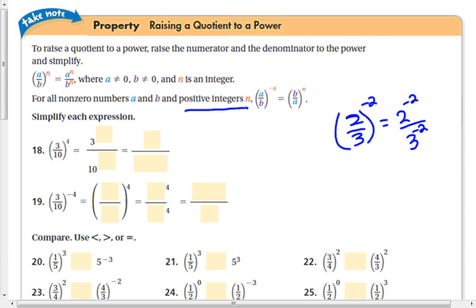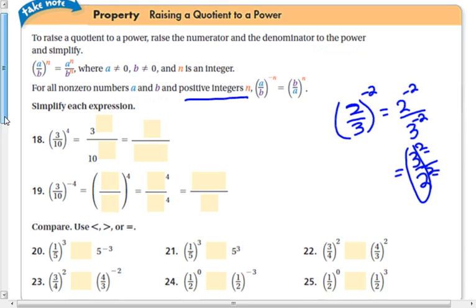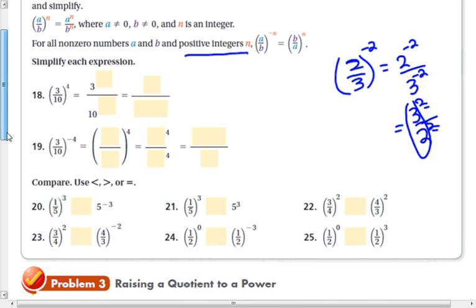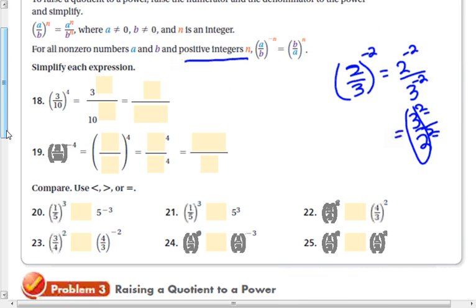And remember, we can make these positive by switching the places in the fraction. So I get 3 to the positive second over 2 to the positive second. Notice that the original fraction is flipped, and now my powers are positive. So go ahead and try that with 18 through 25. I'll check back with you.